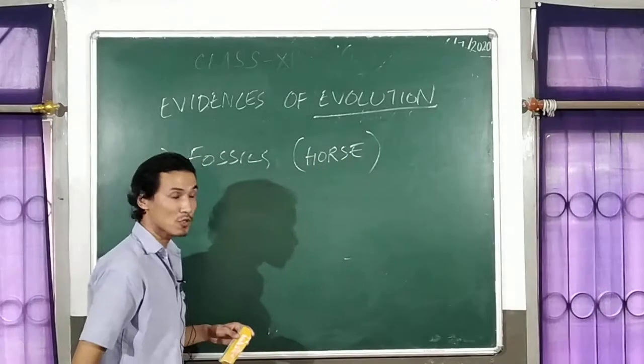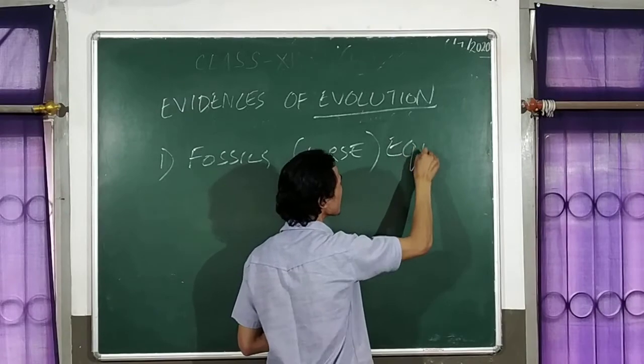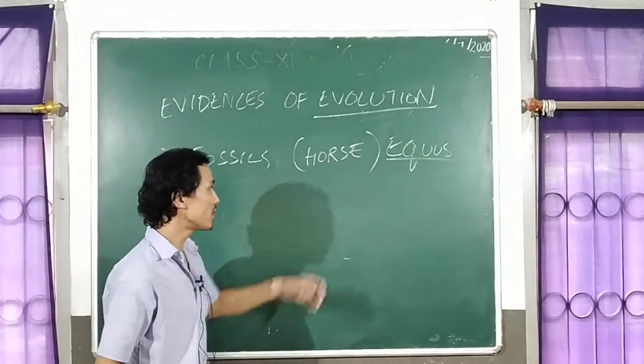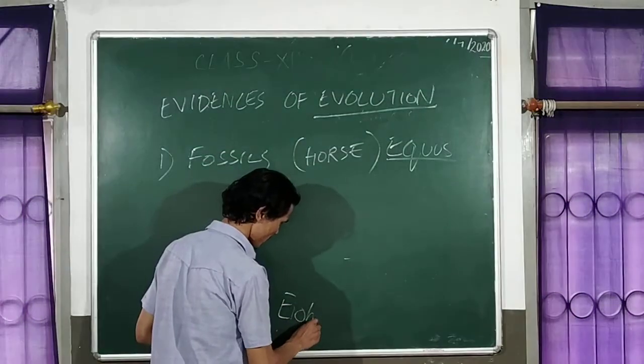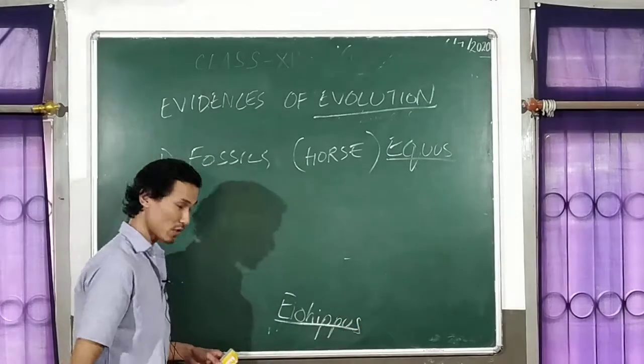Another example of evolution by the study of fossils is evolution of horse. Its scientific name is Equus. It basically originated from the primitive horse called Eohippus.